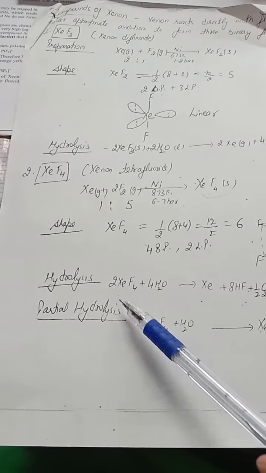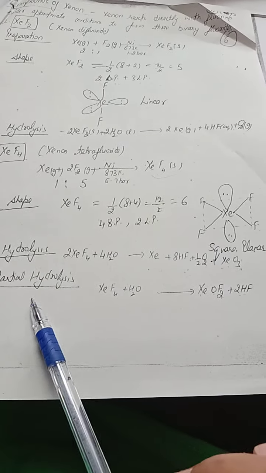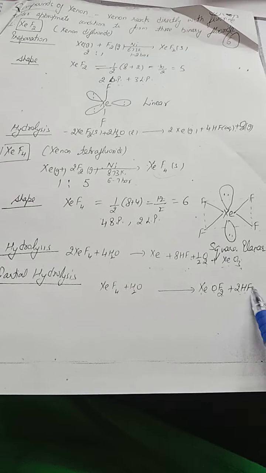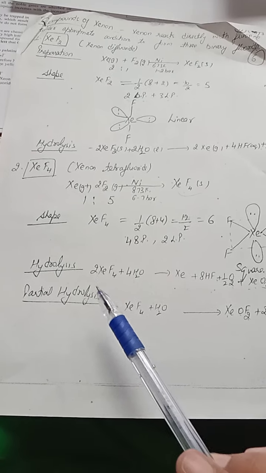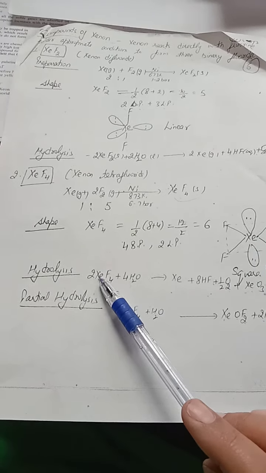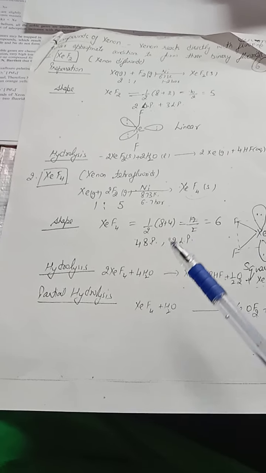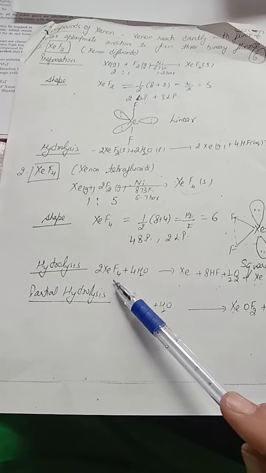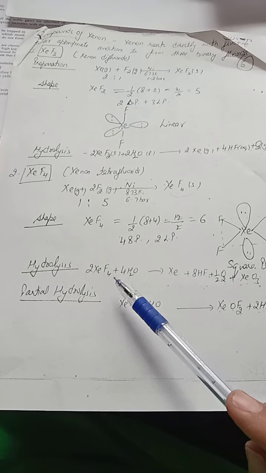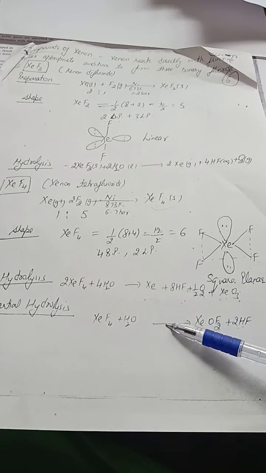So these two reactions can come. If it is given that you have to write partial hydrolysis, then you write this reaction, and if complete hydrolysis, then you write this reaction. If nothing is mentioned, only upon hydrolysis, what happens when xenon tetrafluoride reacts with water? So it's up to you, you can write either of these two reactions.